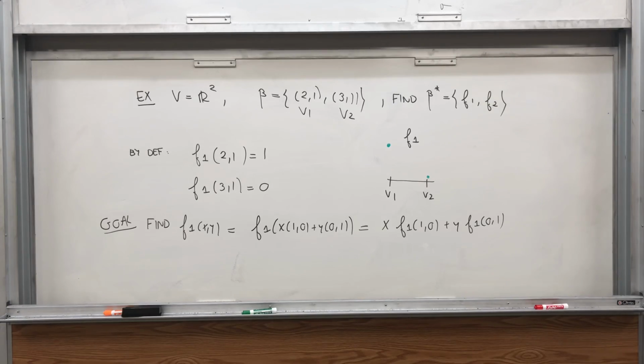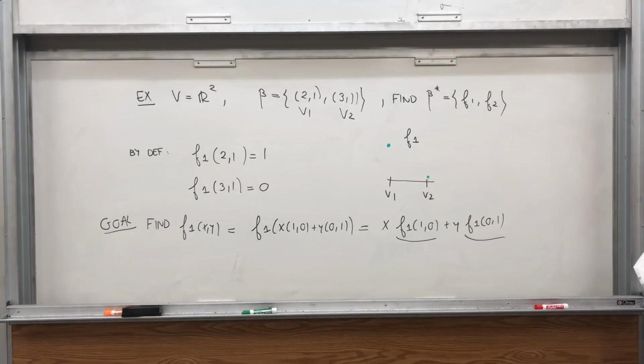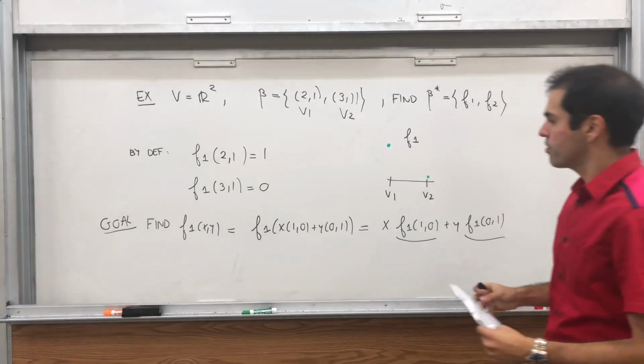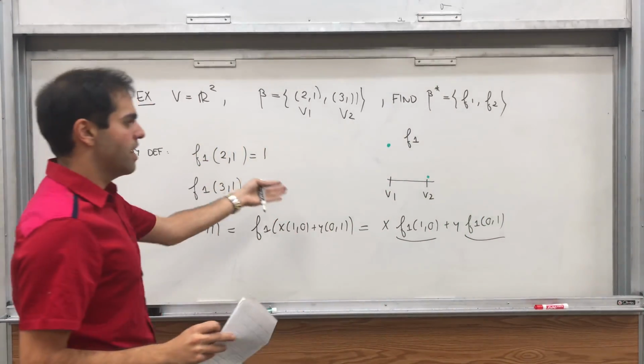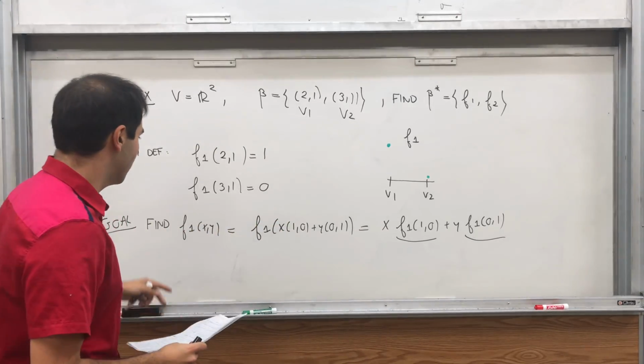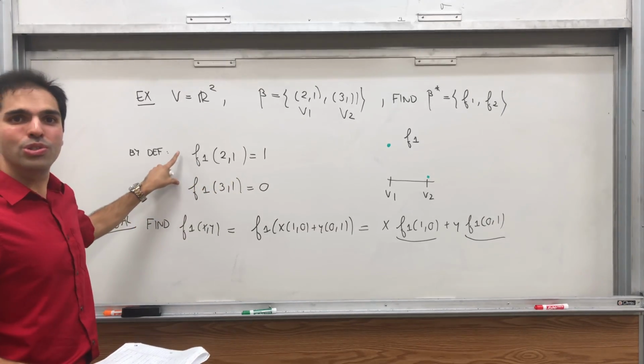So if we find f1 at (1, 0) and f1 at (0, 1), we are done, because then we can just use this formula and we get a formula for f1 of (x, y). But look, we know those two ingredients.